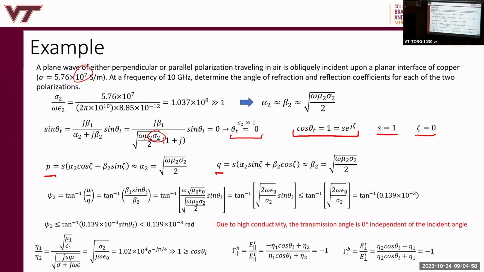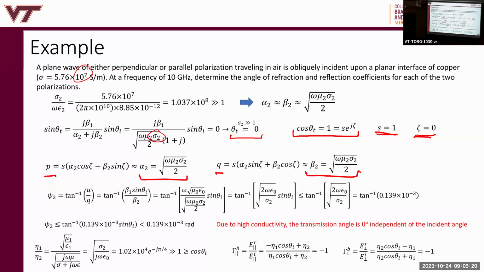So let's do that first, and then we'll come back to these two because these are functions of P and Q. So P is this, which is approximately alpha 2. If you write that out, and then here's beta 2 here.